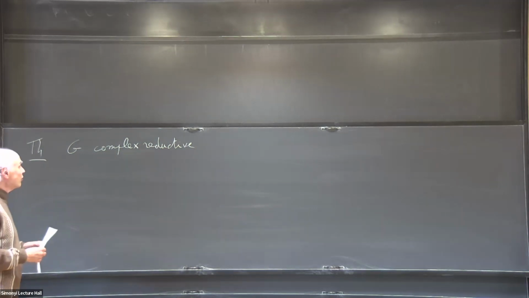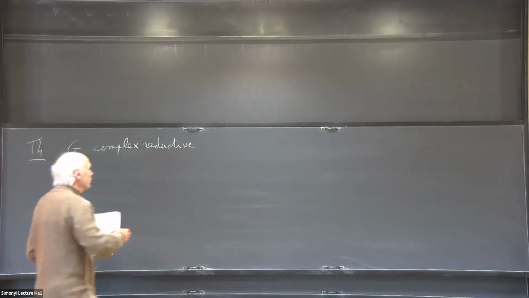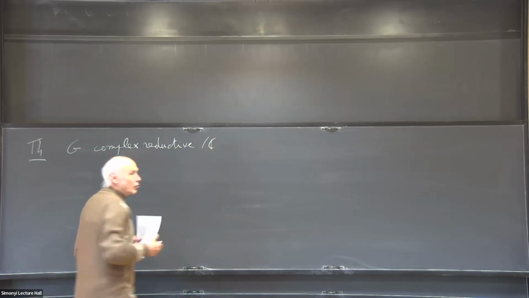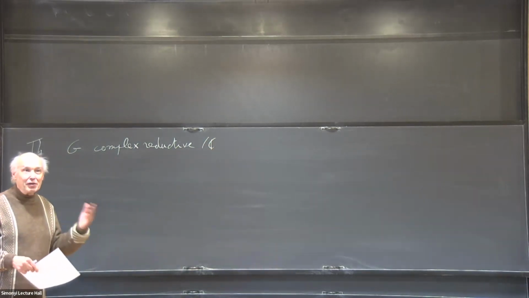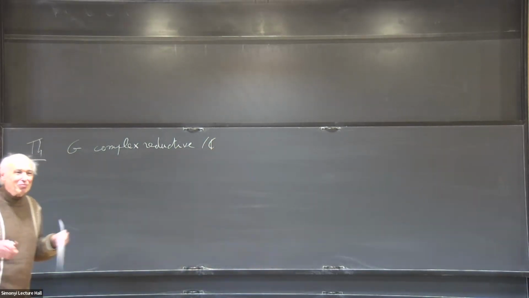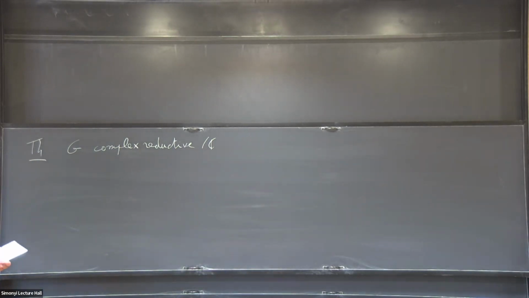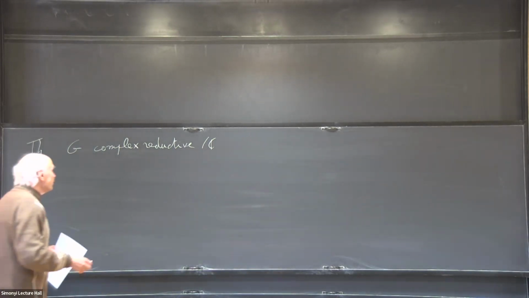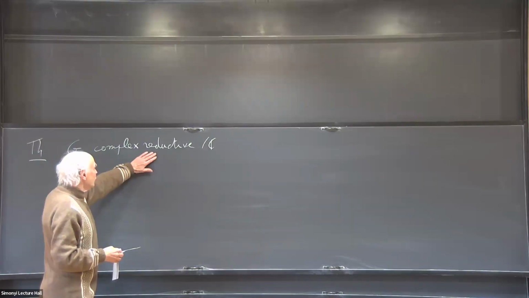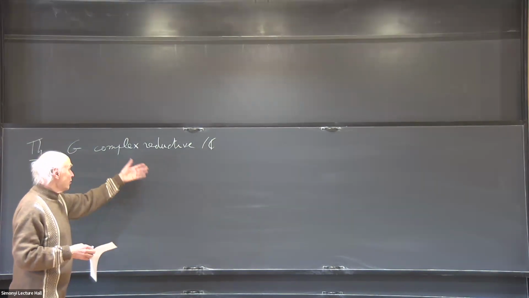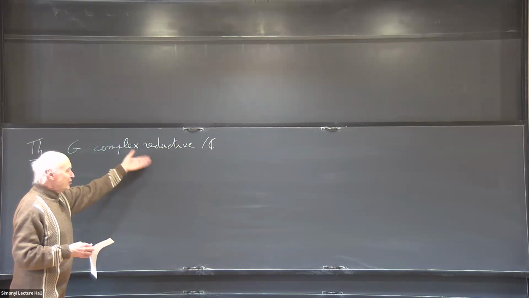So you can think GLn over C, you can think SLn, SOn, SPn, or more exceptional groups. And I care about irreducible representation, meaning in the algebraic sense.